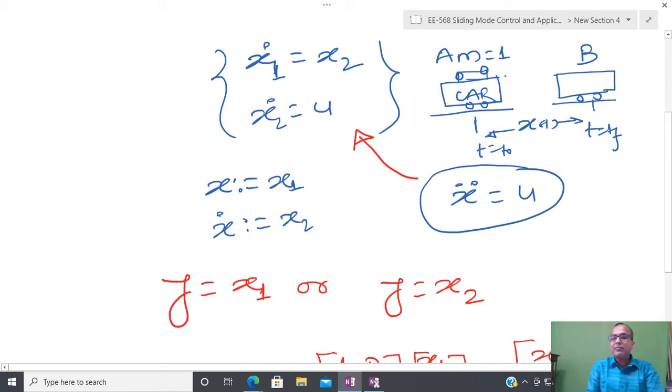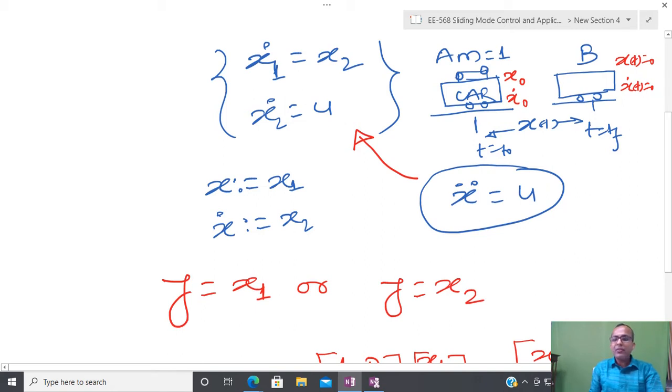So initially I have some x0 and x0 dot, and here our idea is to make x(t) equal to 0 and x dot(t) also equal to 0, at least asymptotically.